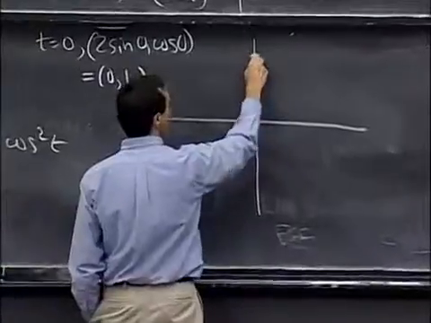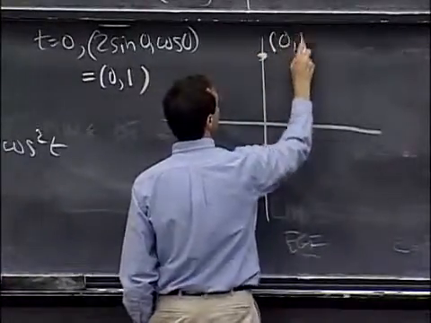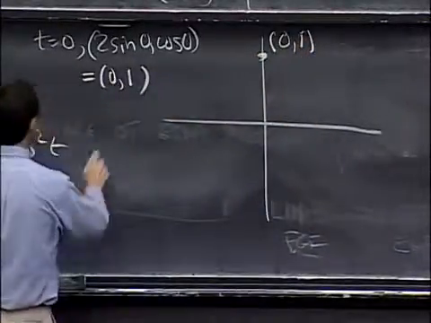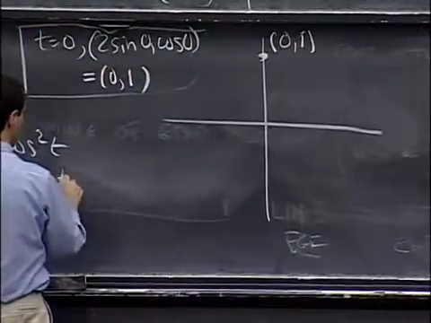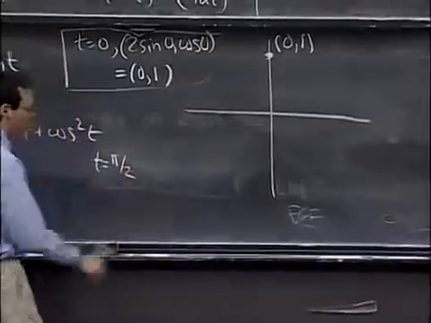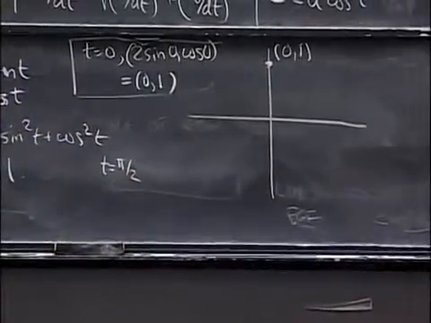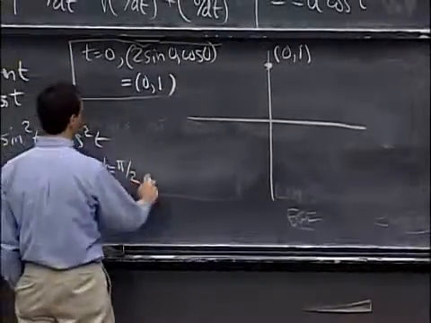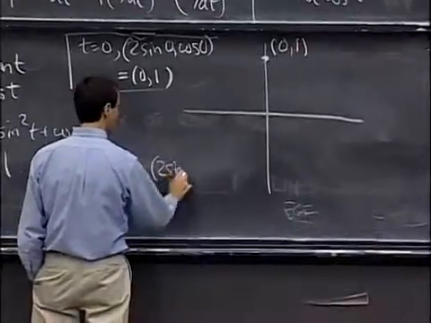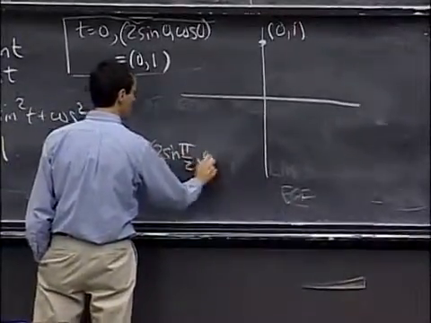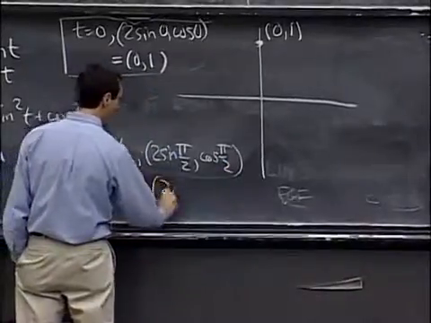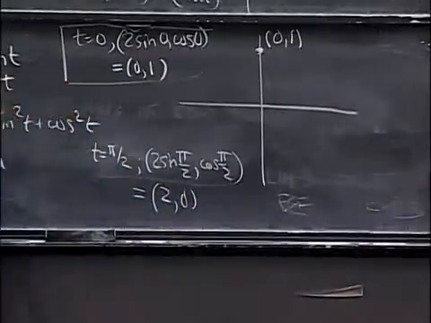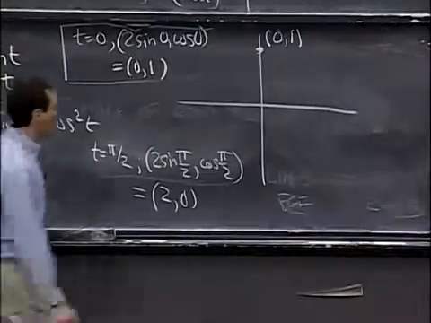So it starts up here at 0, comma 1. And then the next little place, so this is one thing that certainly you'll want to do. t equals pi over 2 is maybe the next easy point to plot. And that's going to be 2 sine pi over 2, cosine pi over 2. And that's just 2 comma 0. And so that's over here somewhere.